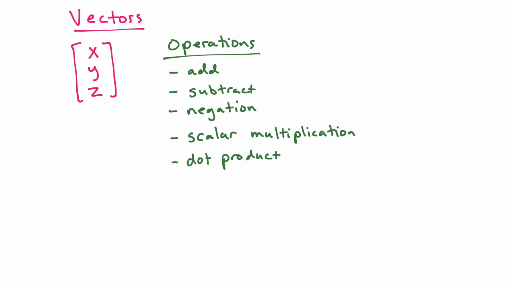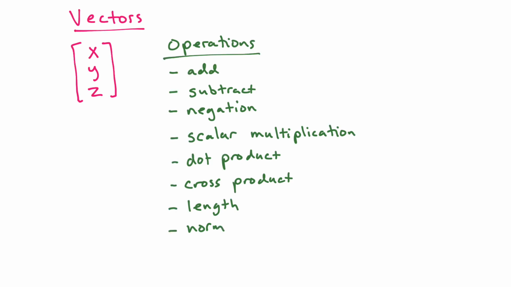The dot product, so we pairwise multiply the components and add them together. The cross product, which we'll define in a short bit. The length, which we'll also define in a bit. And the norm, which is the same vector but with a length of 1.